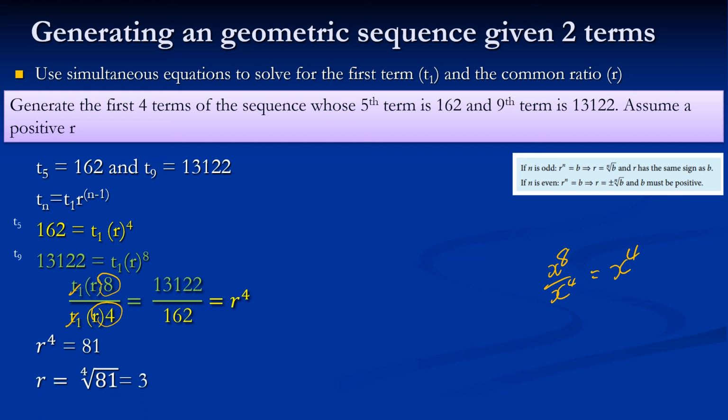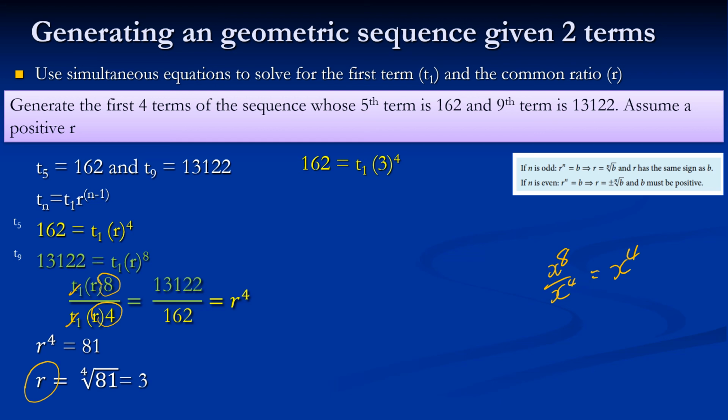Now we find the fourth root of 81. So 3 times 3 times 3 times 3, 3 multiplied by itself 4 times, is 81. Now that we've found r, we can substitute that into the first equation.